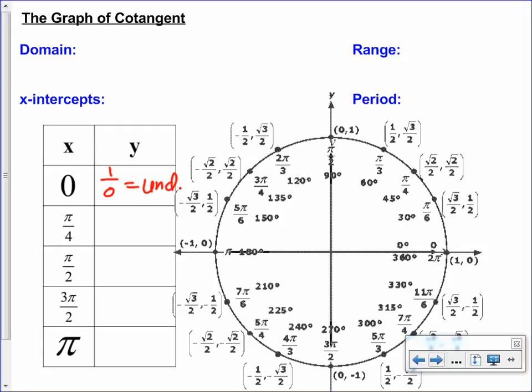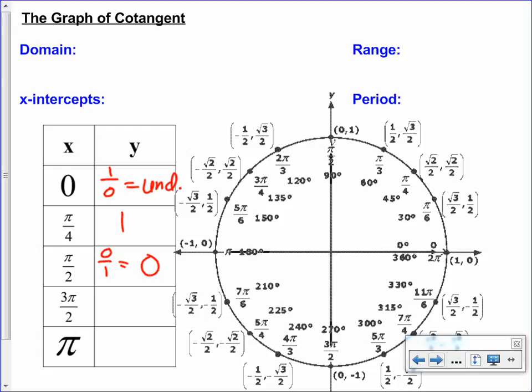Right? What's cotangent at pi/4? It's 1. X divided by itself is 1. At pi over 2, it'll be 0. Good. If you're not sure, it's 0 over 1, which is 0.